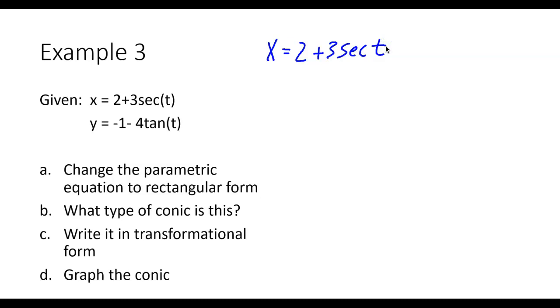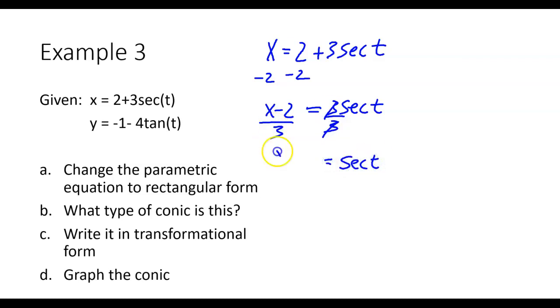All right, so the first thing that we're going to do here is we want to get the secant by itself. So I'm going to subtract the 2 on both sides. Then I'm going to divide both sides by 3. And I find that my secant is equal to x minus 2 over 3. We're going to repeat that process for the other one.